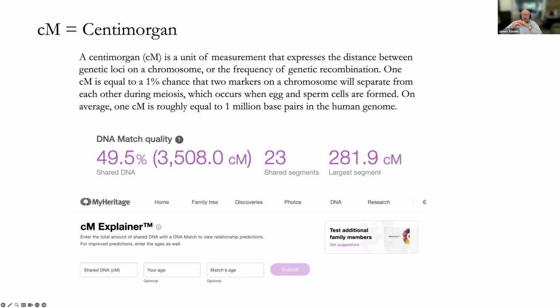So roughly, it's a way of telling how closely people are related on a percentage basis.